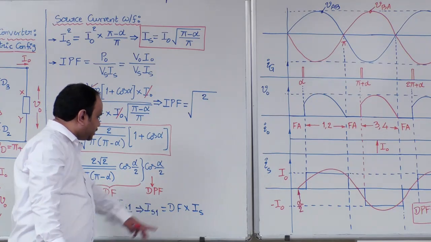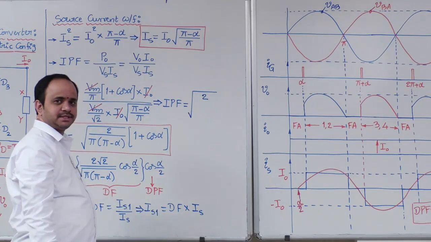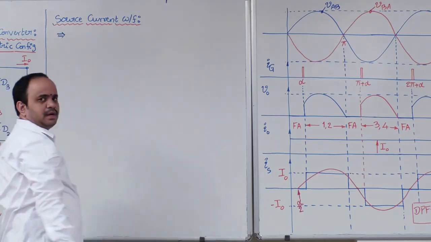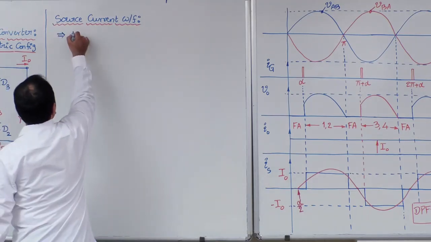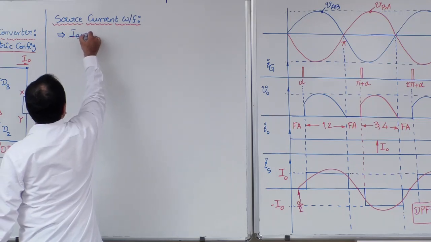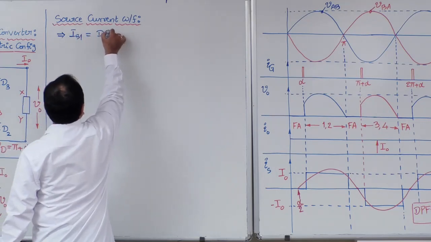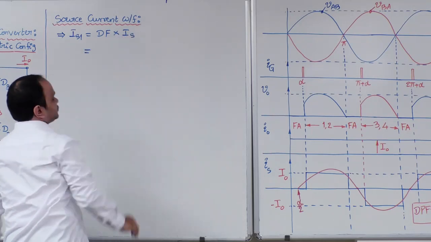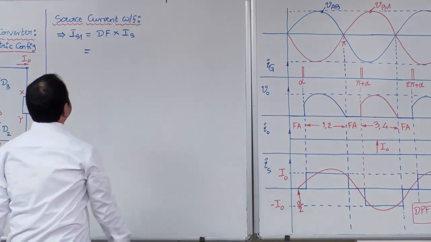So, by substituting distortion factor, now let us see what we will get as expression for IS1. IS1 is equal to distortion factor multiplied with RMS value of source current.